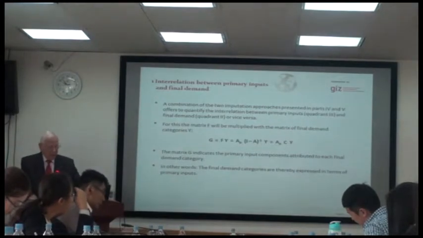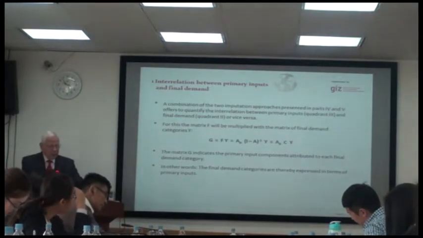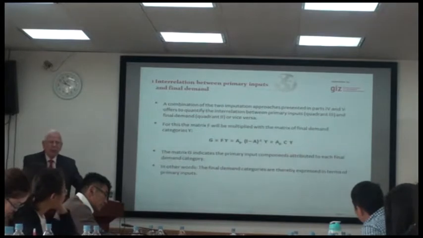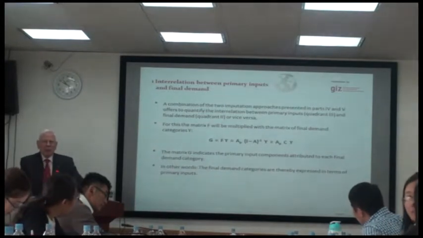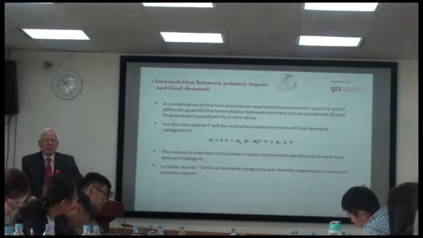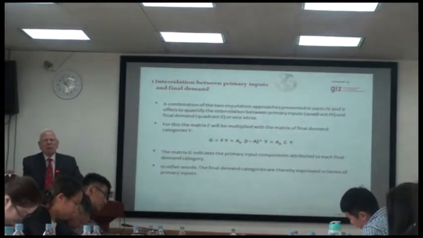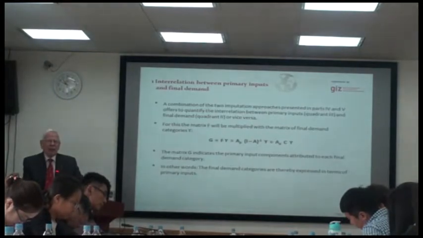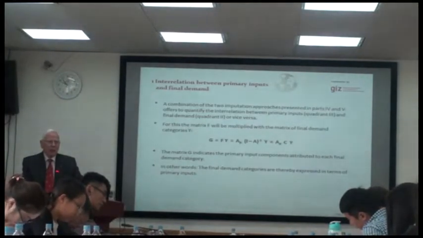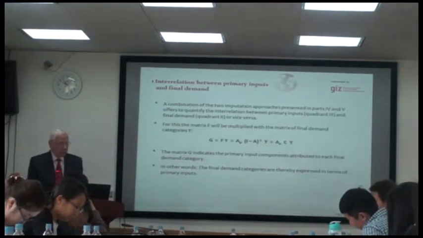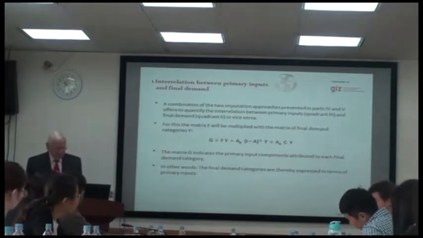I could show you how much of compensation of employees has contributed to private household consumption. How much of the intermediate imports are included in your export of Mongolia? All these questions, which are combining the final use, the final demand with the primary inputs, can be answered by our approach which we are now looking at.